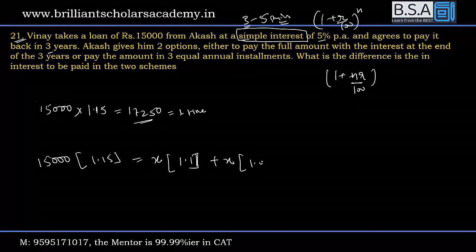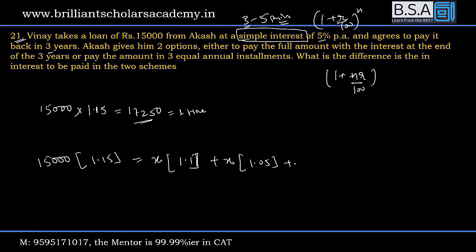The second payment will generate 5% interest, and the third payment will be as it is, X. So this value 17,250 is equal to X multiplied by 1 plus 1 plus 1, 3.15. So here the value of X I am getting is 5,476.19. That is the one installment value.